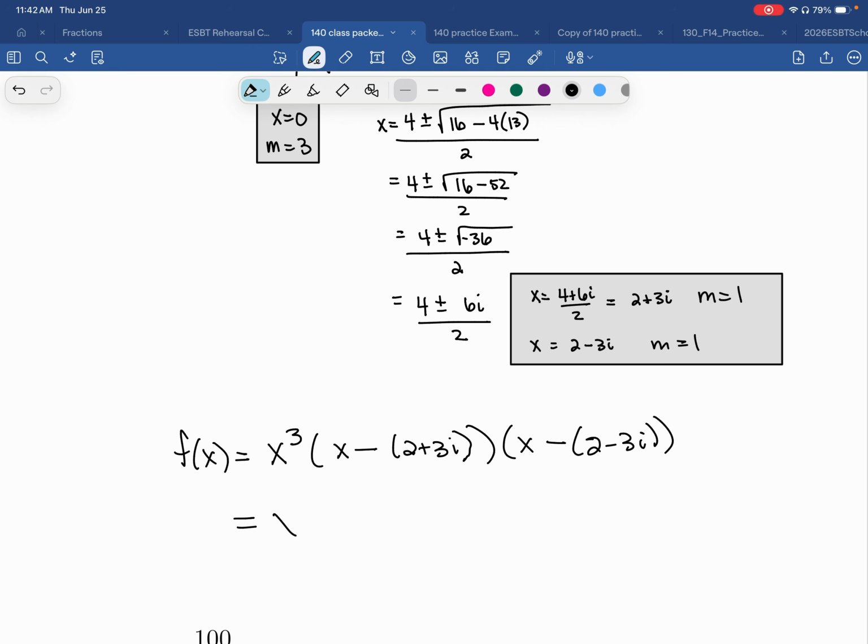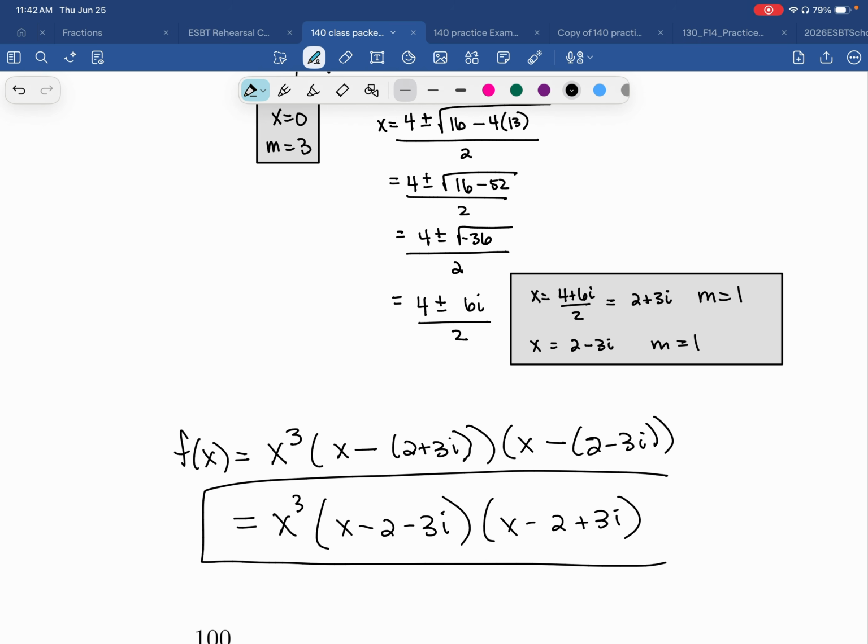If you want to get rid of those parentheses, that's x minus 2 minus 3i and x minus 2 plus 3i. And that's my complete factorization.